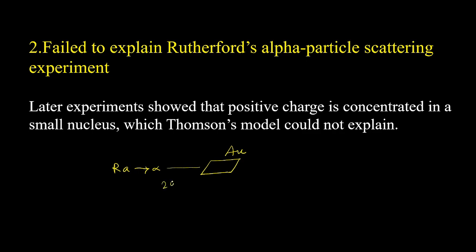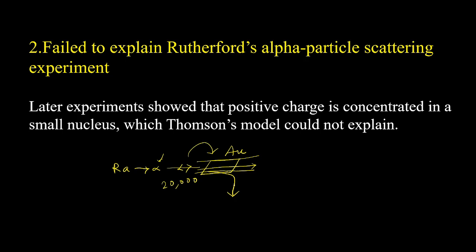Among 20,000 alpha particles, only one bounced back in the same direction from where it fell on the gold plate. Maximum alpha particles pass through, either straight or deflected, through the gold plate. So this is Rutherford's alpha particle scattering experiment.